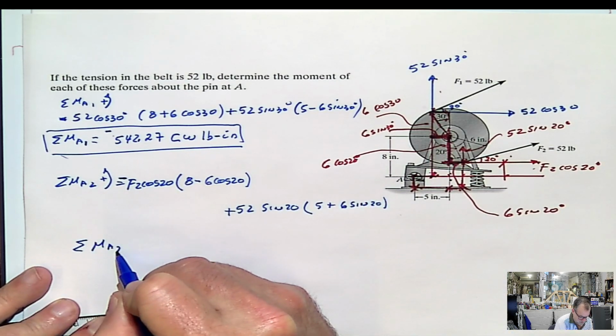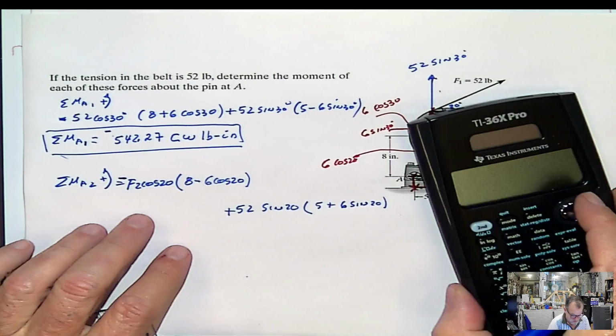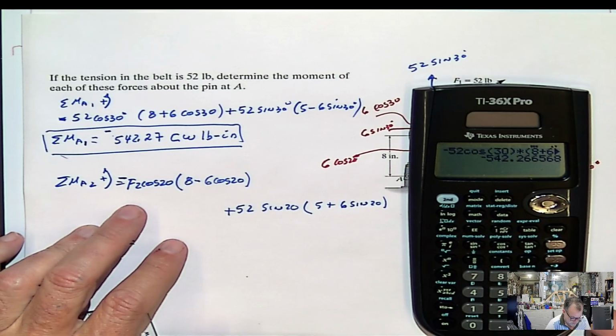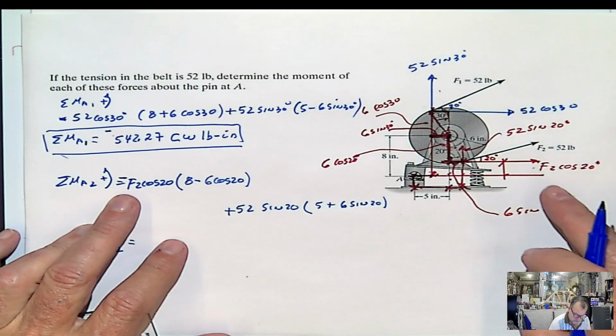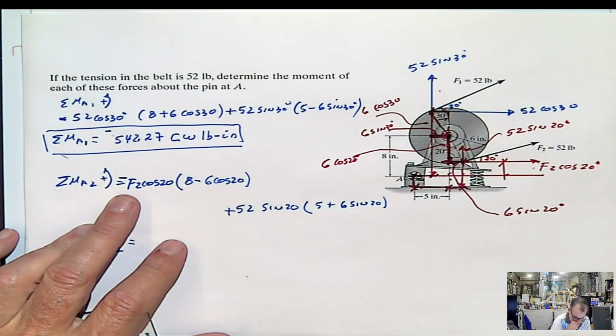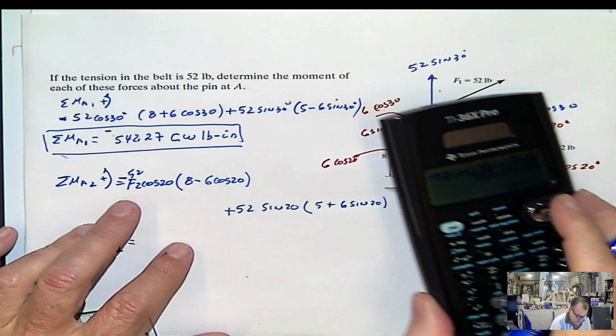So the moment at A due to the force 2 will be just the result of this operation here. I put F2 here, but F2 is 52, right? Yeah, so this is 52 here.